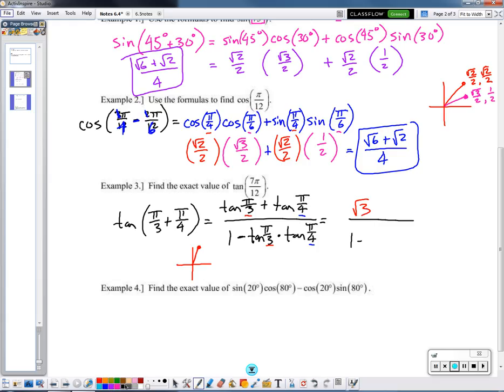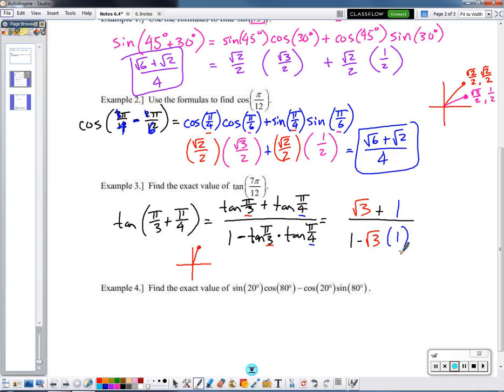That's the easy one, that's just 1, because its x and y values are the same, so their quotient is going to be 1, minus tangent of pi over 3, already found, that was root 3, and then my tangent of pi over 4, that's going to be 1, I'm just going to multiply it by 1.